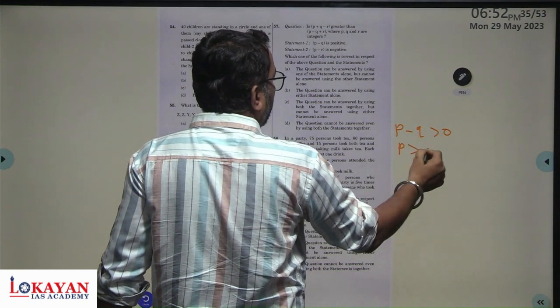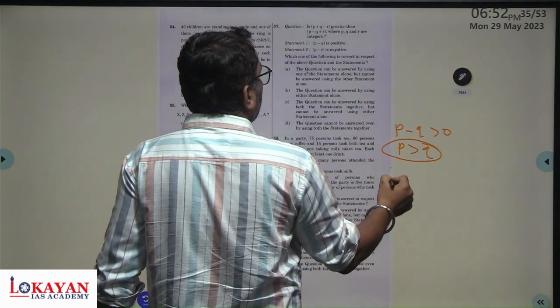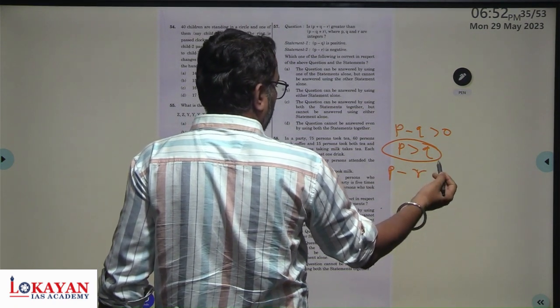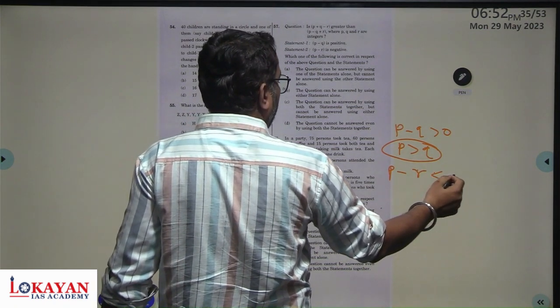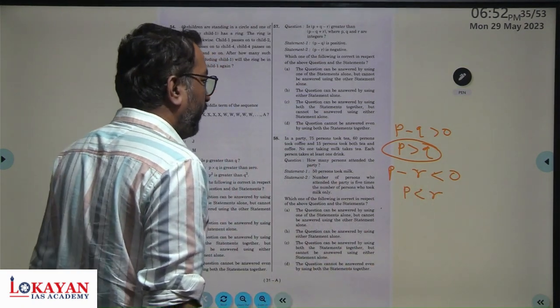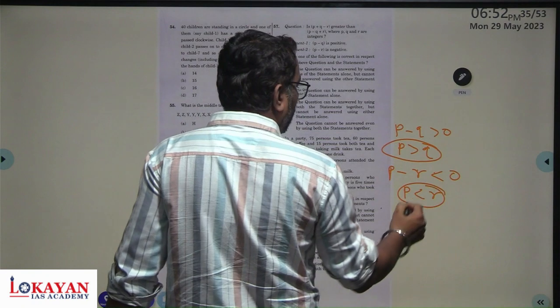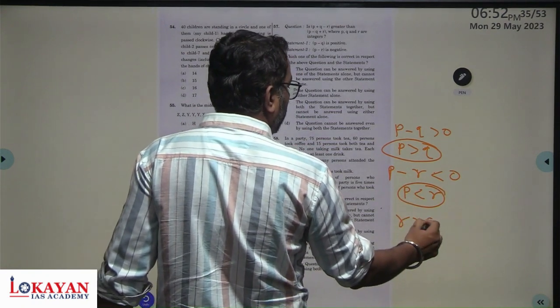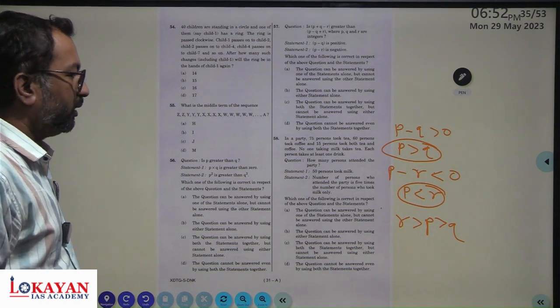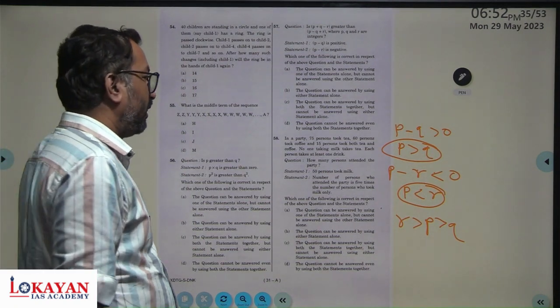That means P is greater than Q. And the second statement says P minus R is negative, right? So P minus R is less than 0, so P is less than R. So ultimately what I get is R is greater than P, and P is greater than Q.